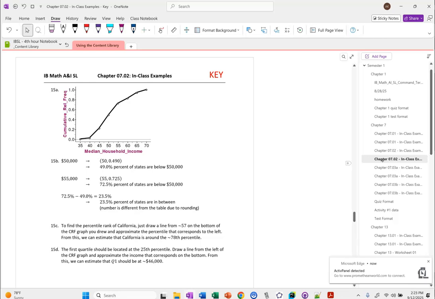So if I want to estimate the percentile for 50,000, just taking the 50,000 up and transferring it over, and then estimating this to be like, that's probably 0.5 there. So it's a little less than that.